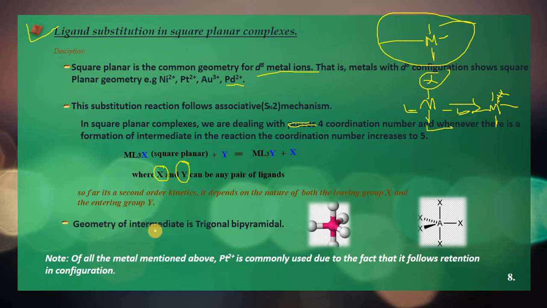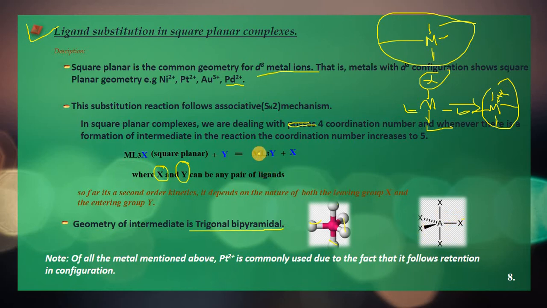So the geometry of the intermediate that is formed is what? The trigonal pyramidal. So this is 1, 2, 3, 4, 5. 5 is formed, like I explained here. But the name of what we call it is what? Let's just take this picture, which is talking about X alone.